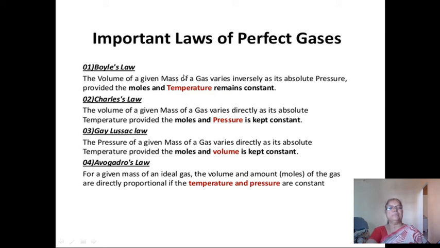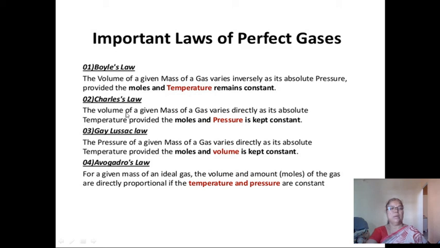In short, Boyle's law also states that the volume of any gas varies inversely with pressure at constant temperature. That means there is an inverse proportion between volume and pressure at constant temperature. This is Boyle's law.